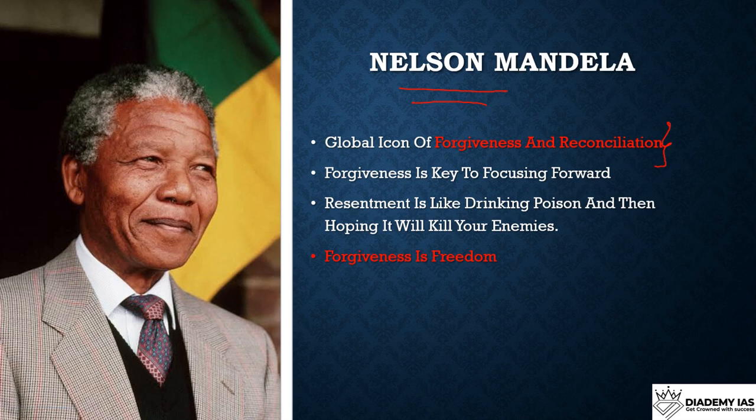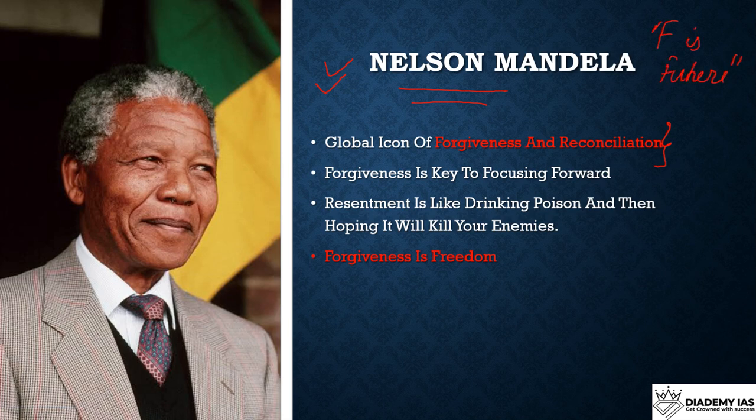Taking the example of Mr. Nelson Mandela, he was jailed during the apartheid regime, and when he became president, he easily could have punished those whites. He could have gone for a full-fledged mission against the white people, but he didn't. He forgave them. And he said that forgiveness is the key to focusing forward. Forgiveness is future. You can use this.